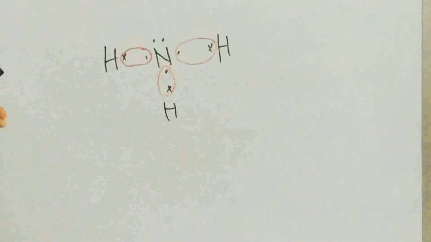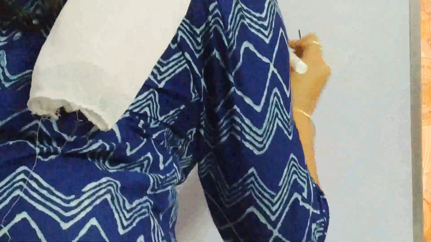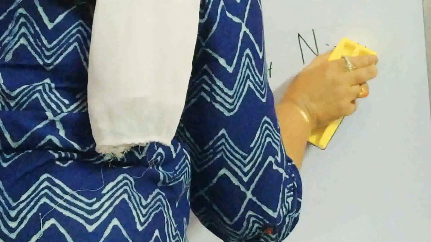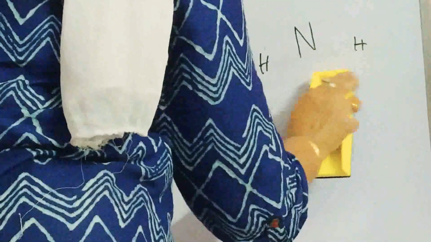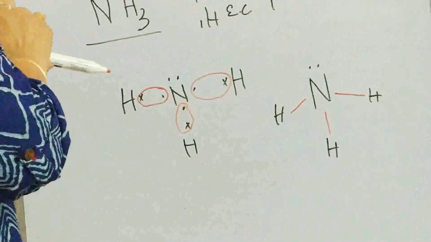Nitrogen thus has octet configuration, forming the ammonia molecule, with three hydrogens and one lone pair, which is not participating in the bond formation.